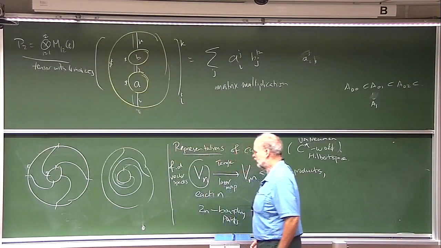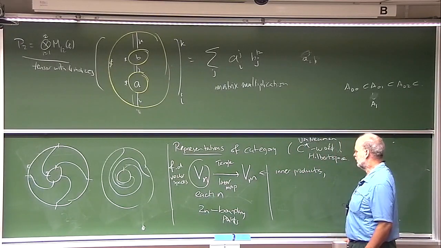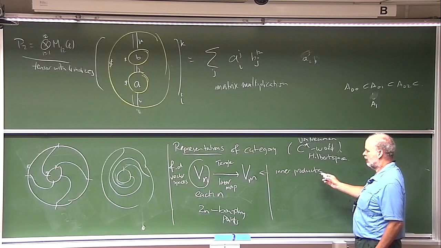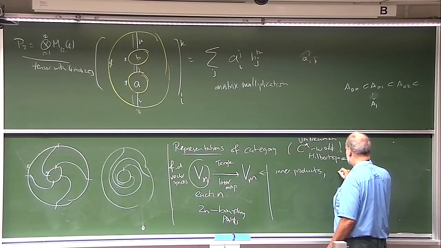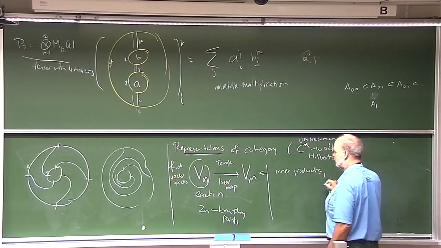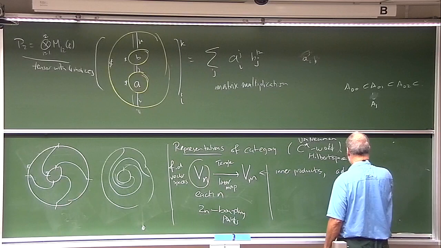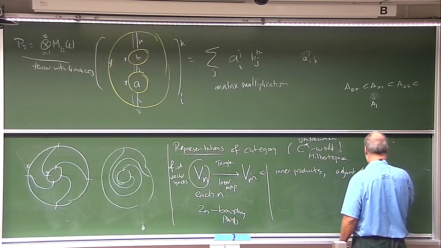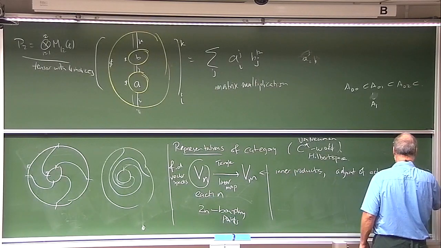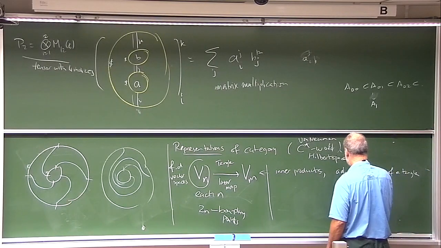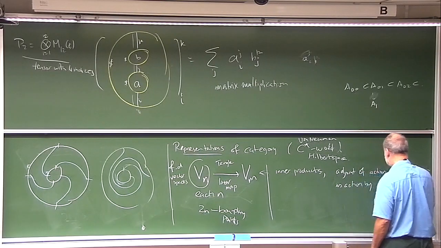Actually, they don't really have to be finite dimensional in general, but first instance, they're going to have inner products, and the interaction is that the adjoint of the tangle is action by the mirror tangle.